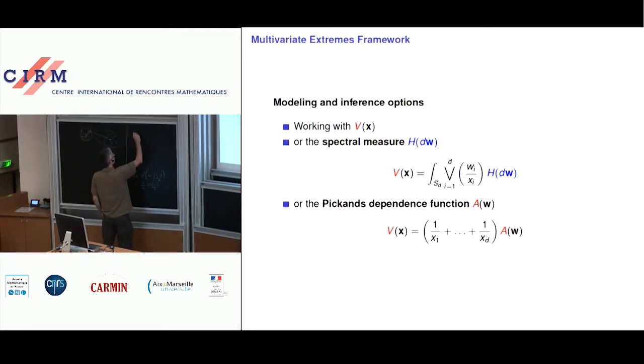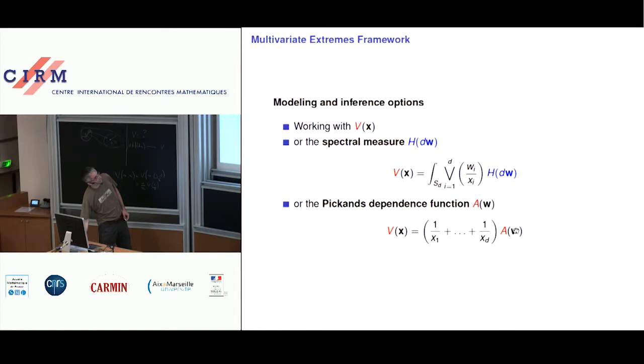If you want to have V, you are asking the question, what is V for my data? So either you can say, I'm going to model that directly, or you can say, I'm going to use the spectral measure dH, and that will give me V. But you have to integrate over this set here. Or you can rewrite V as this function.